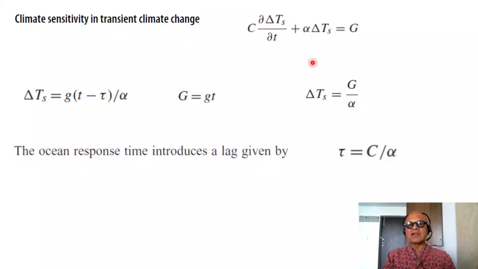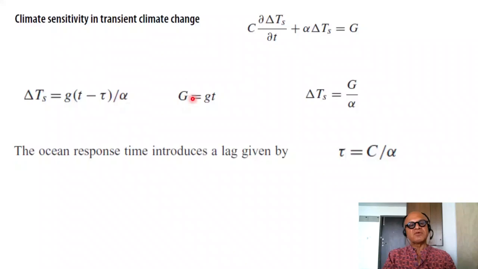Again, 1 over alpha is the climate sensitivity, and that is related to the net radiative forcing generated by, let's say, anthropogenic activities, or in this case increased CO2 to doubling. So ΔTs can be written as some gain factor times a transient with respect to the time scale of equilibration, divided by alpha, which is the feedback. So 1 over alpha is the climate sensitivity.